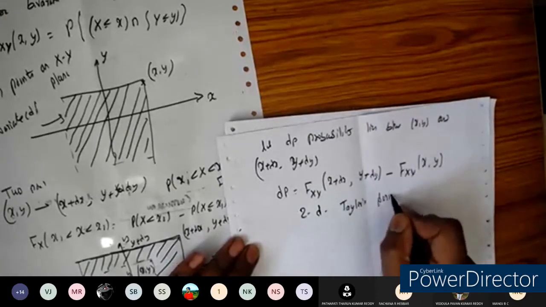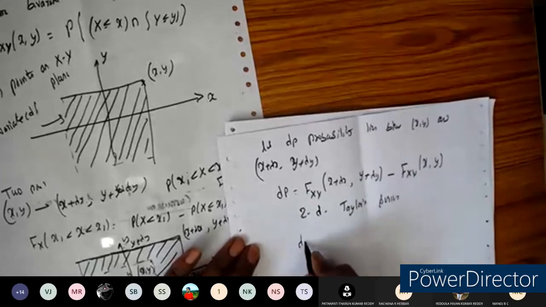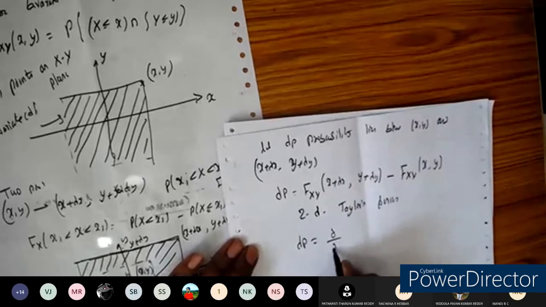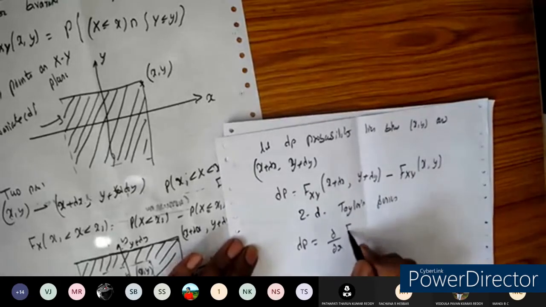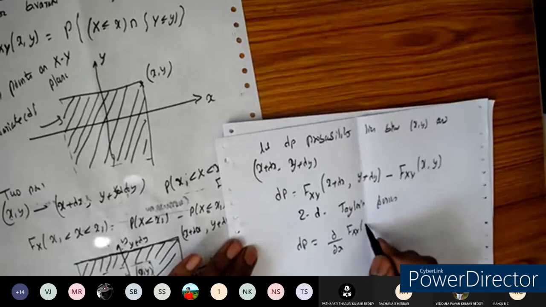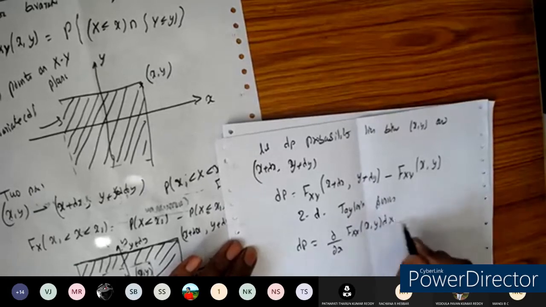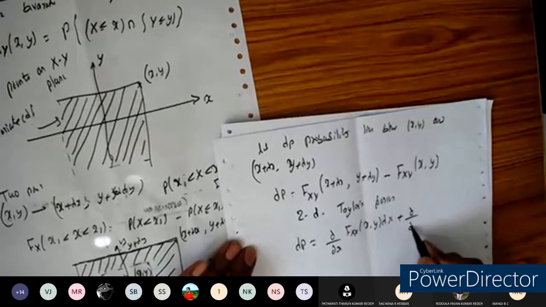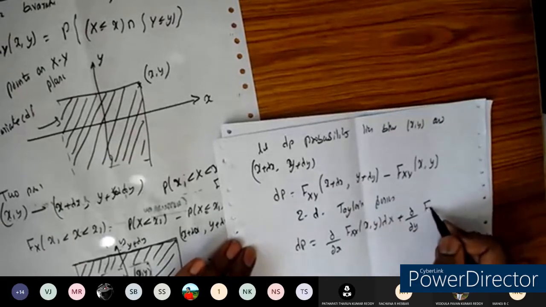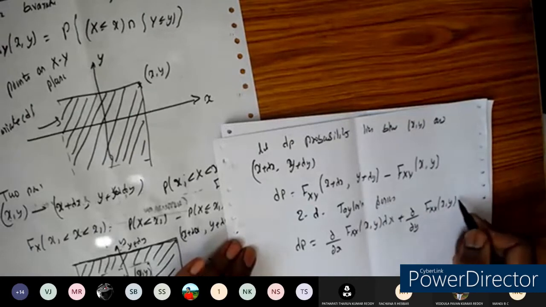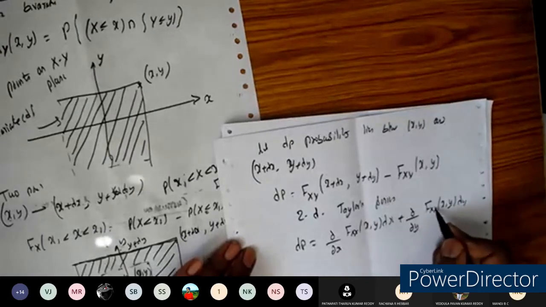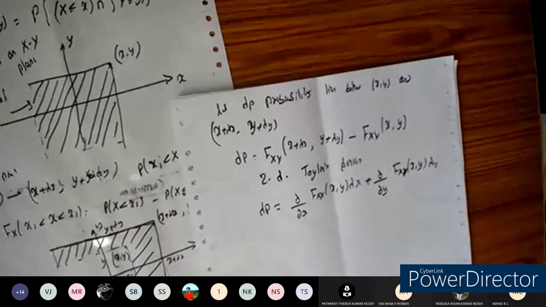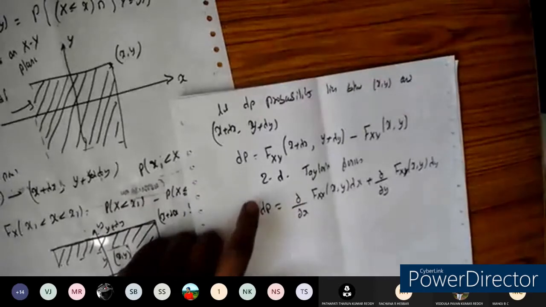In the two-dimensional Taylor series, this can be given as del by del x of F_XY(x, y) with respect to dx, plus del by del y of F_XY(x, y) with respect to dy. We can define it like this also.